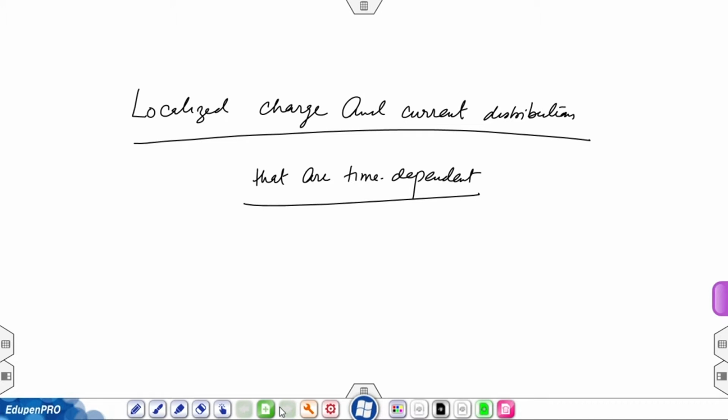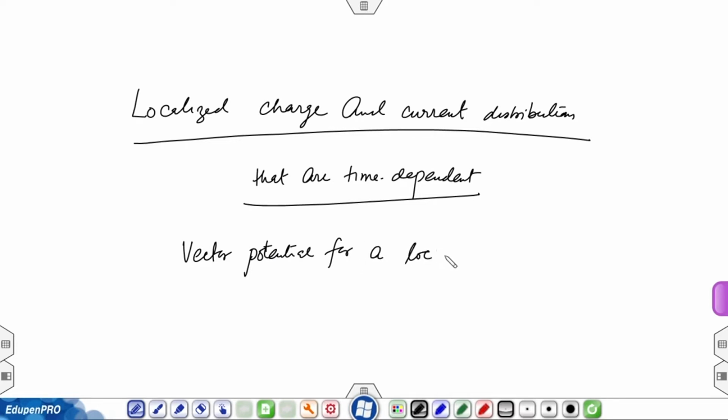So, what I am calculating now is the vector potential for a localized current distribution. The calculation for scalar potential goes in very similar manner, and that I leave as an exercise or assignment problem for you.